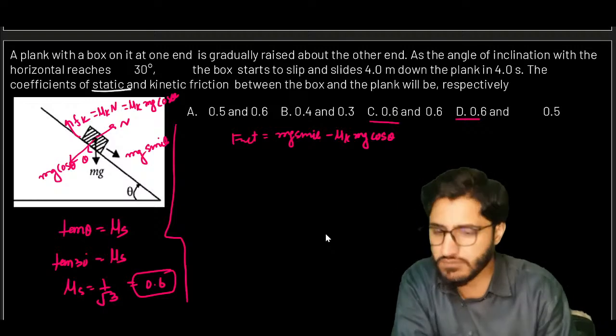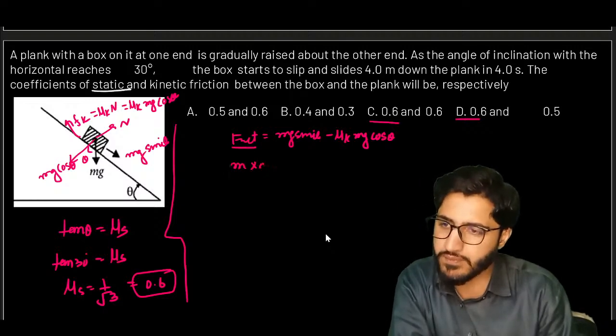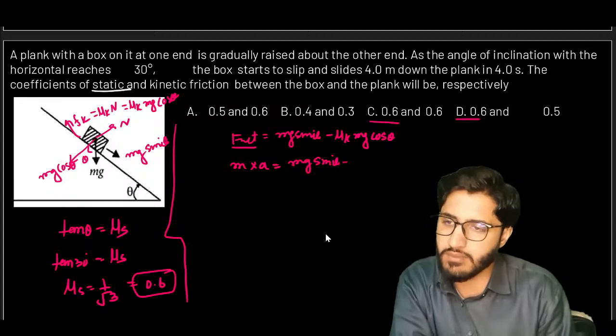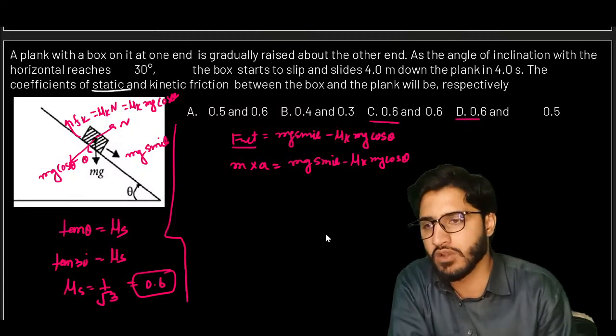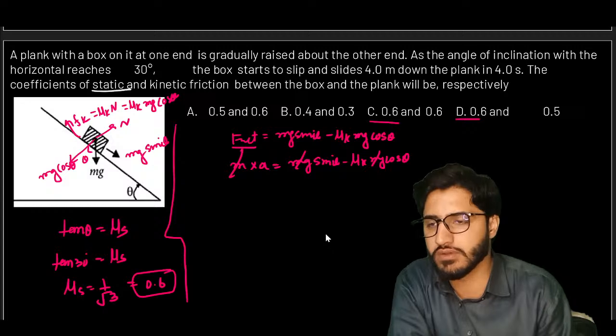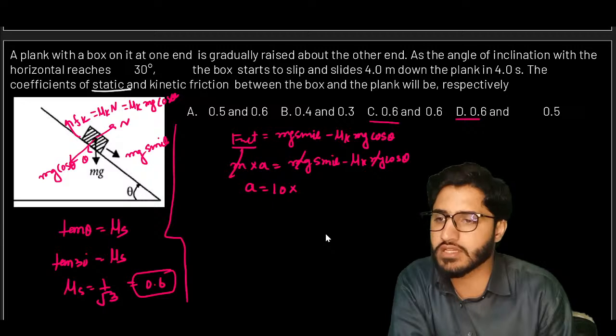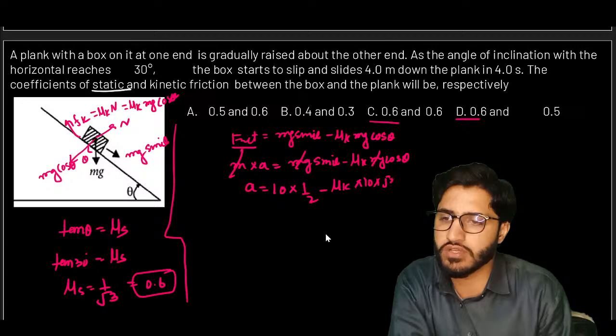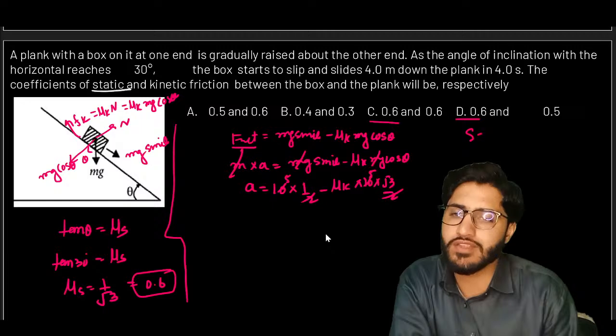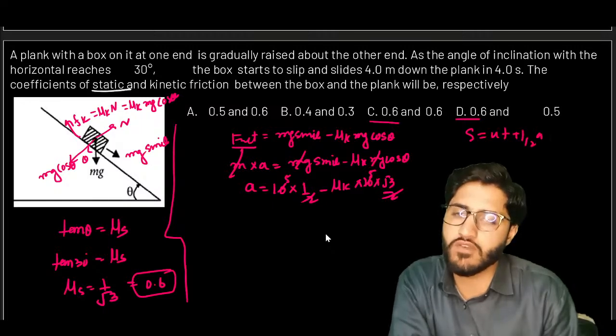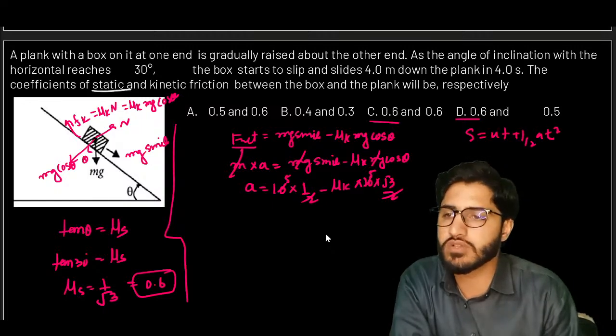Is it equals to m into a? Mg sin theta minus nu k mg cos theta. Look, m cancel out. A came out to be, g is 10, sin 30 is 1 by 2, minus nu k, g is 10, cos is root 3 by 2. 2 5s are 10. What is a? S equals to ut plus 1 half of at square. S is given to be 4.